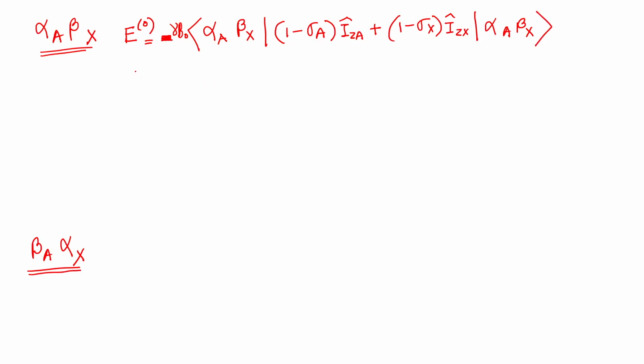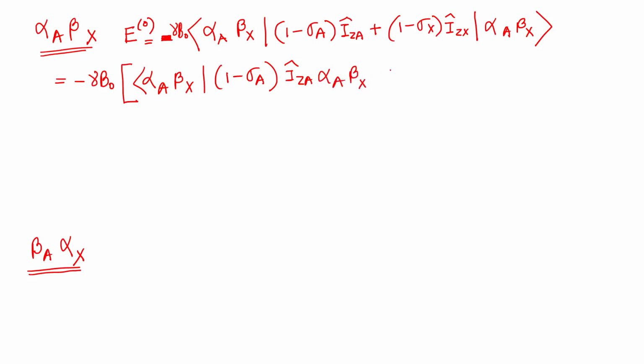Here, minus gamma B0 is outside; Iz A is going to operate on alpha A only, beta x will stay as it is.